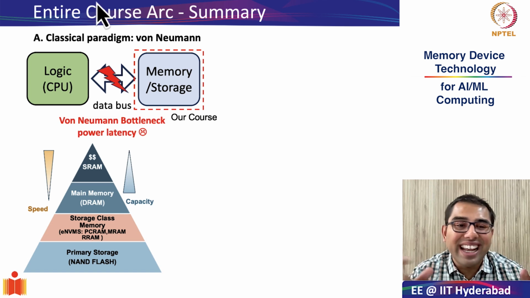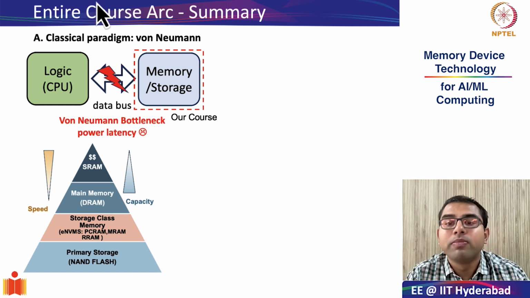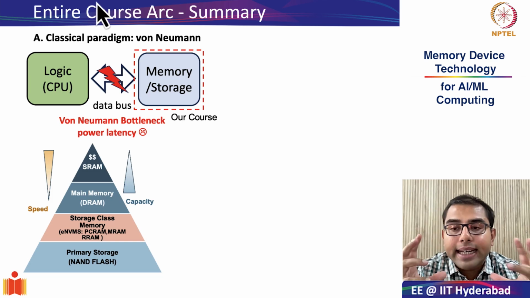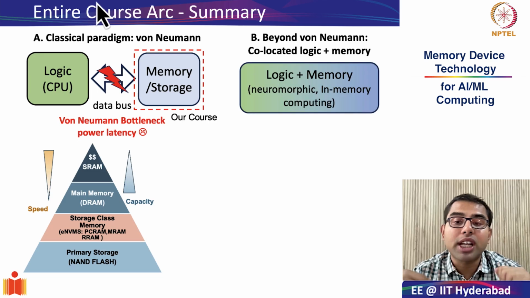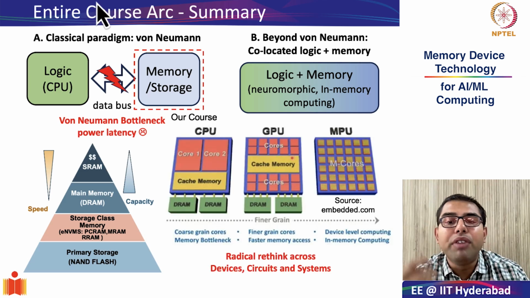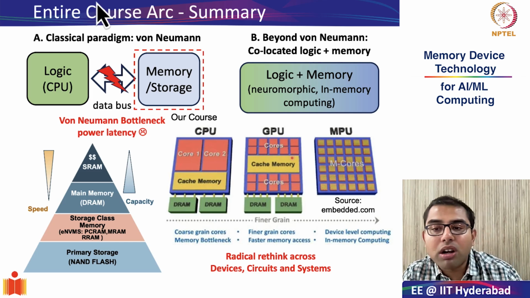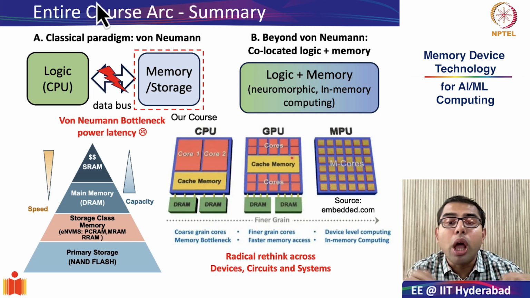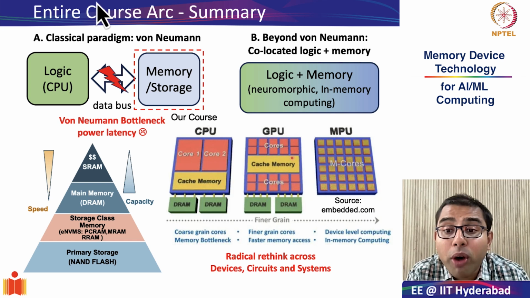However, we realized that in the data-driven compute paradigm, moving data back and forth, as we just discussed in the previous slide, creates this von Neumann bottleneck. And this realization forced us to look beyond von Neumann computing towards co-located logic and memory. We traced this architectural evolution from single CPUs with severe memory bottlenecks to finer and finer grained parallel GPUs, and ultimately, as we saw, to new age neuromorphic computing.